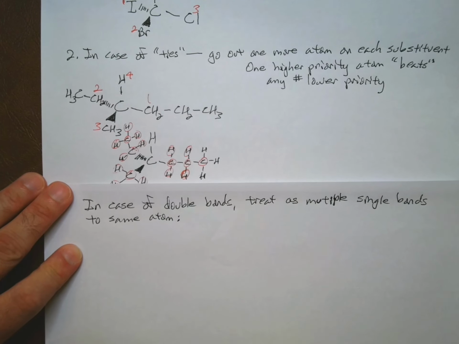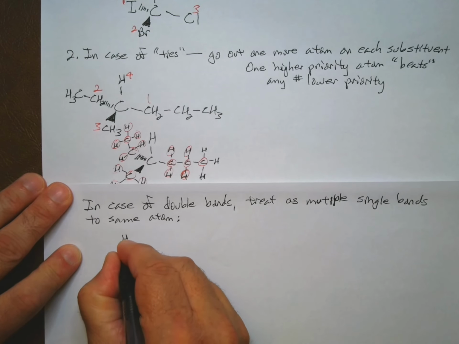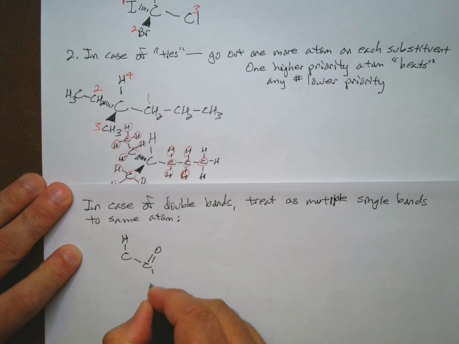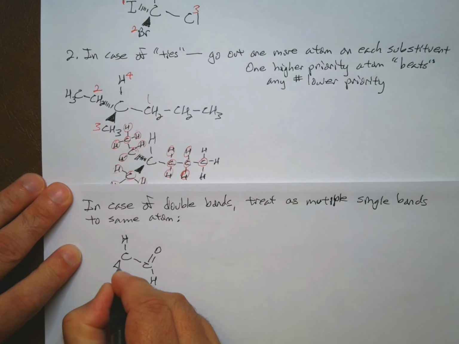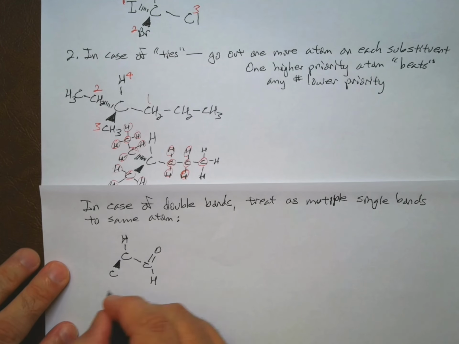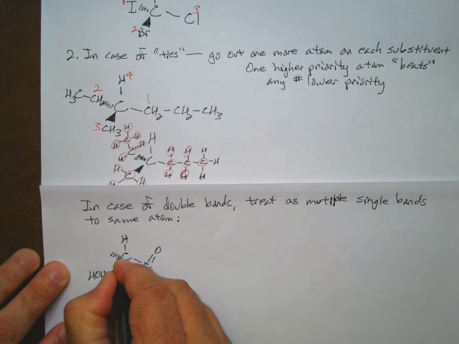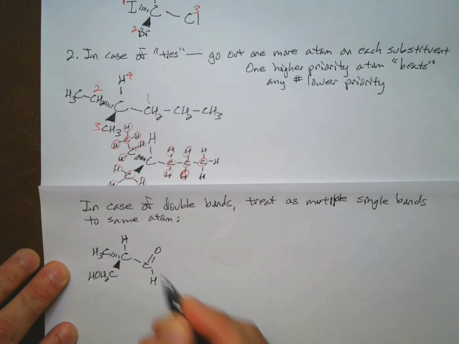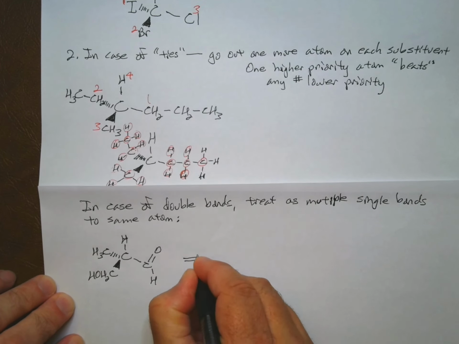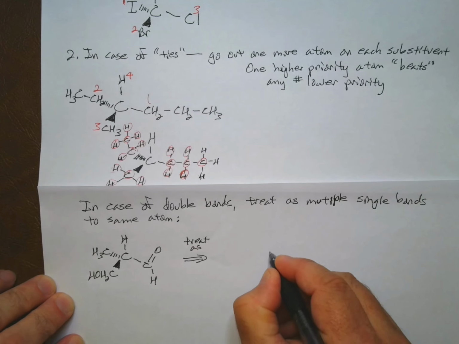So what is that going to look like? Well, let's do this. Let's do carbon, hydrogen, C double bond O, H, C, H2OH, CH3. So in this case, we're going to treat it as follows.